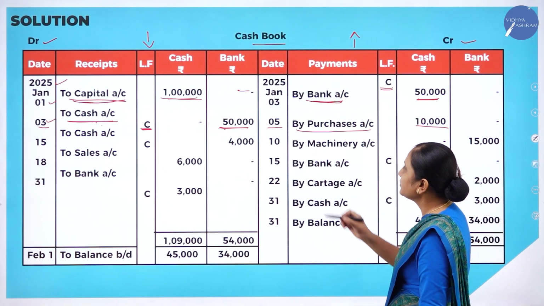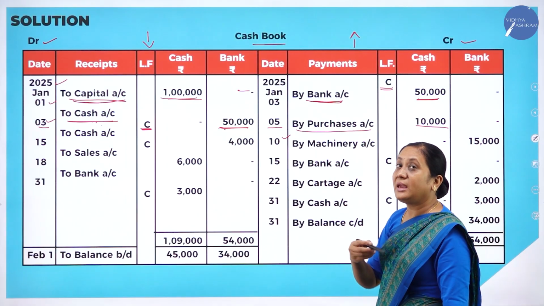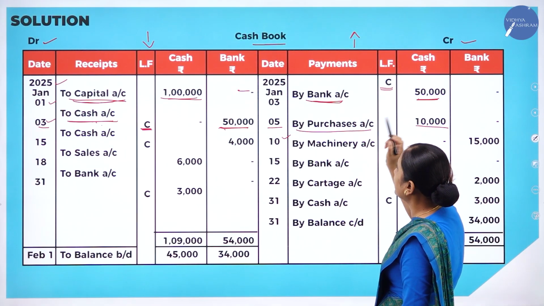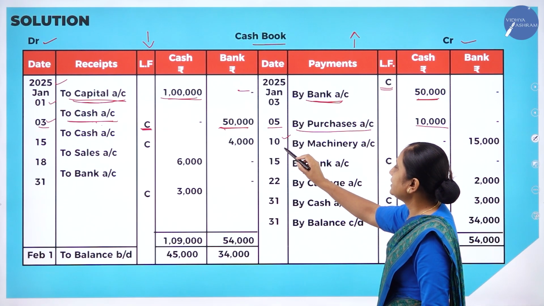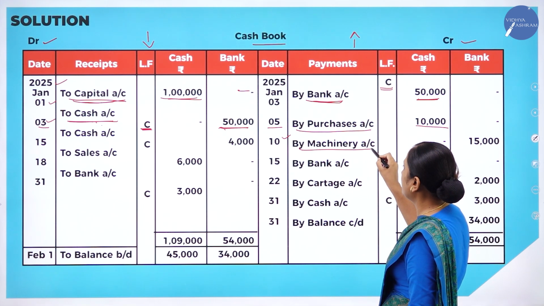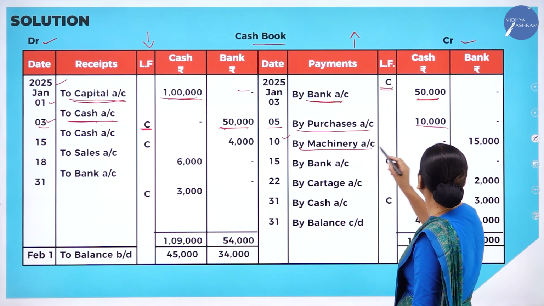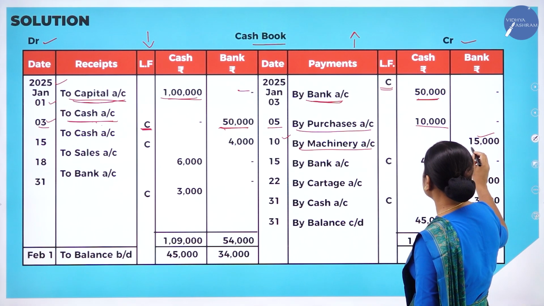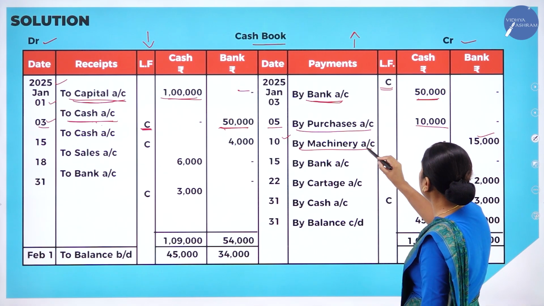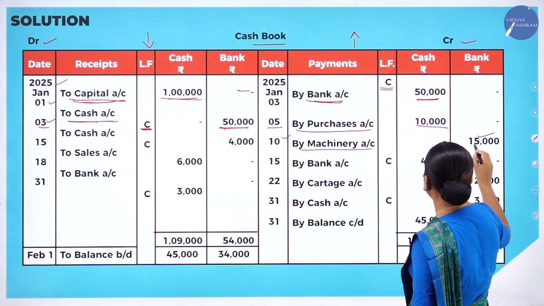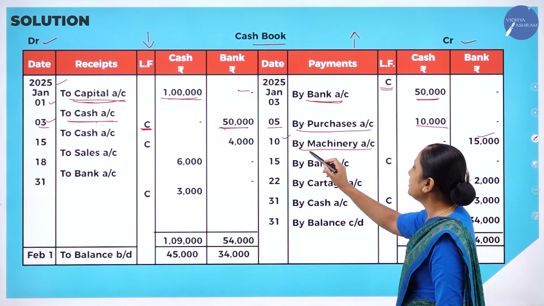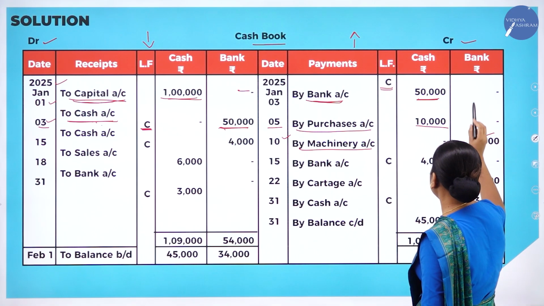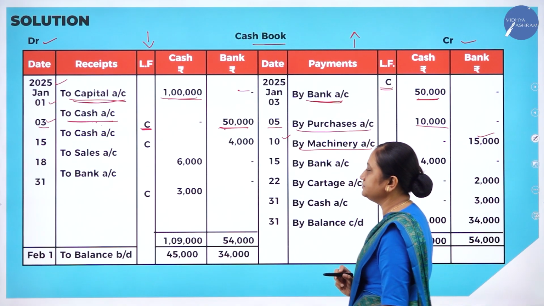So we will see here 10th, because we are paying money, right? So it will come on the credit side, on the payment side. 10, by machinery account, we are buying machinery. 15,000 we will write in the bank column because we are making payment through check. That is why by machinery account 15,000 in the bank column.